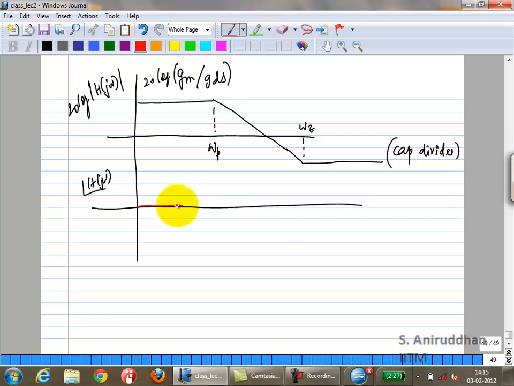But let's assume I'm drawing the excess phase, so I'm going to start from 0. So what does this look like? When does it start going down? At omega p by 10.